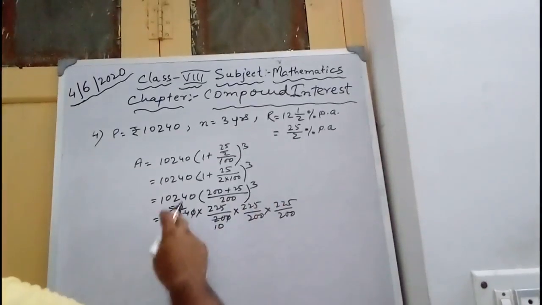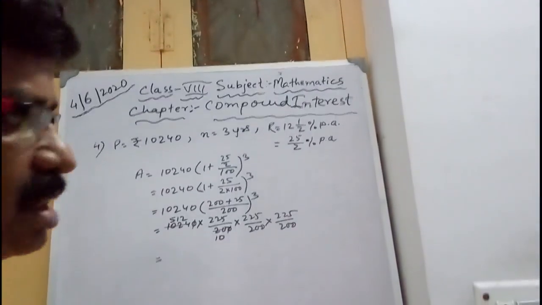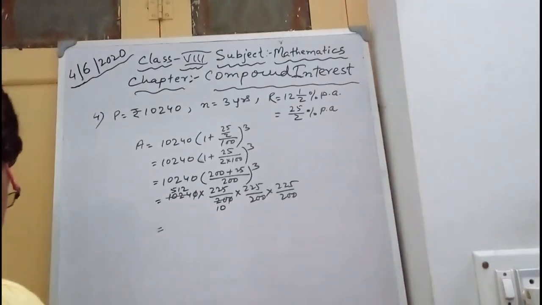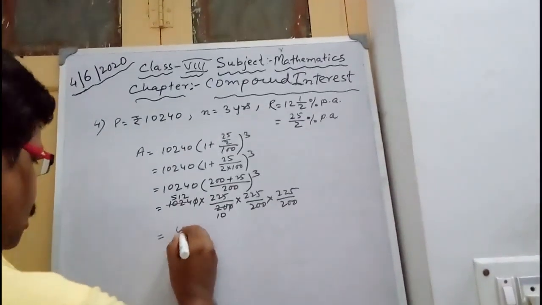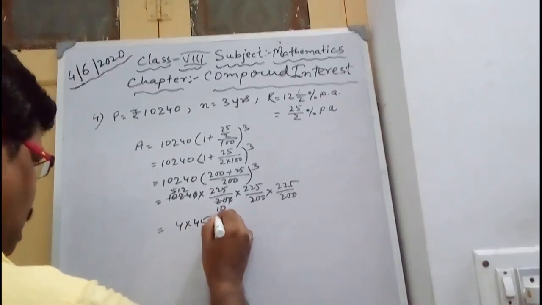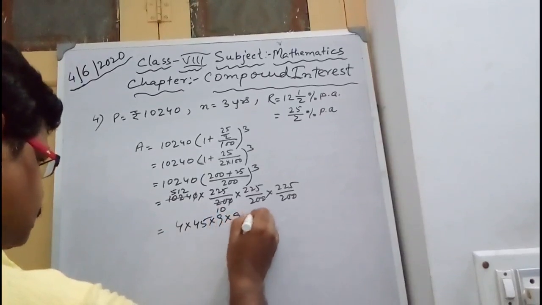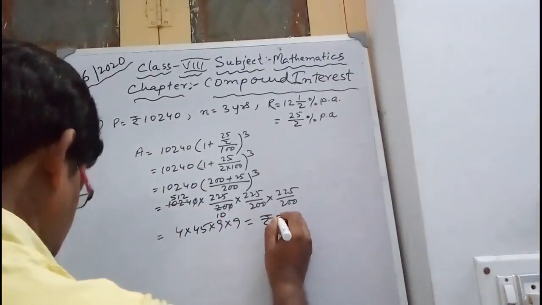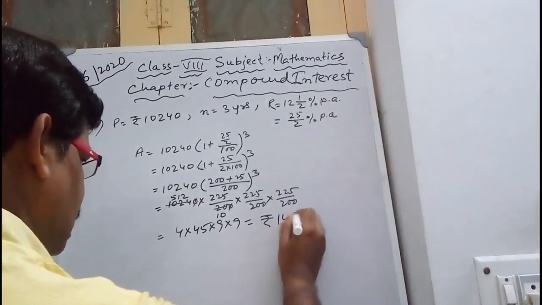Now in this way you reduce denominator and numerator by the same number. After reducing it, you get 4 into 45 into 9 into 9, which after multiplying is equal to 14580.